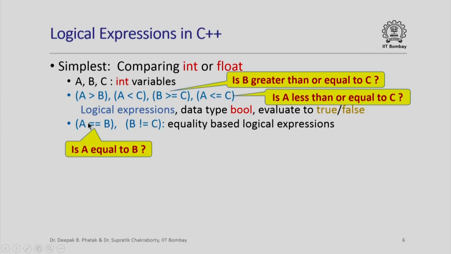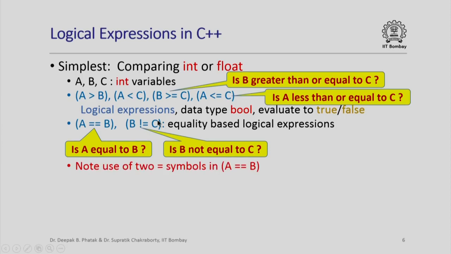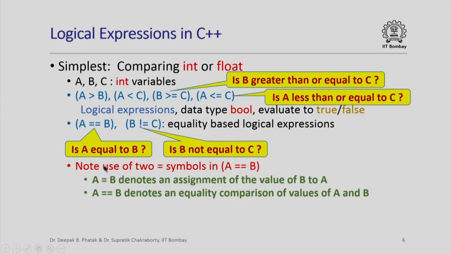So this operator, note that there are two equal symbols here, checks if a is equal to b, and this operator, which is the exclamation symbol followed by equality, checks whether b is not equal to c. The important thing to note here is that I have used two equality symbols when I am writing this comparison, is a equal to b. Now we have already seen the use of the equality symbol in the assignment statement.